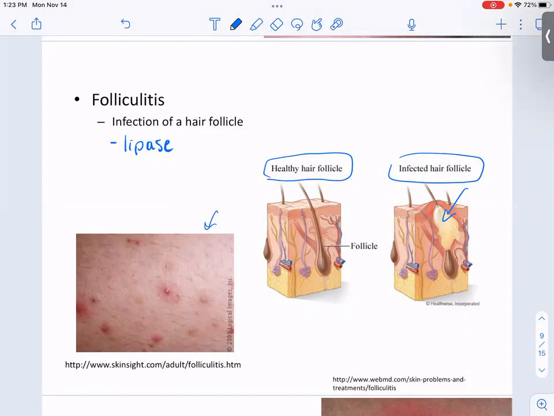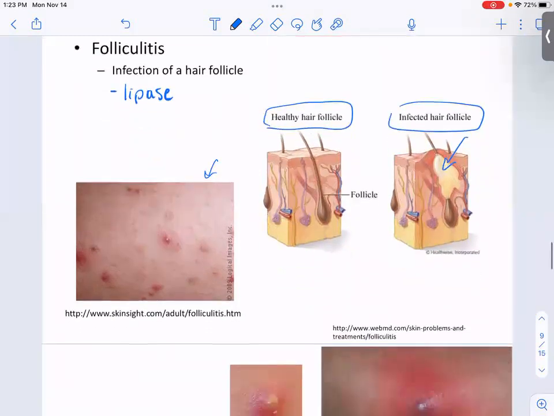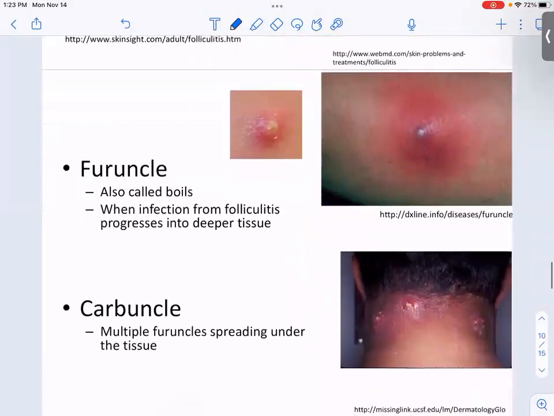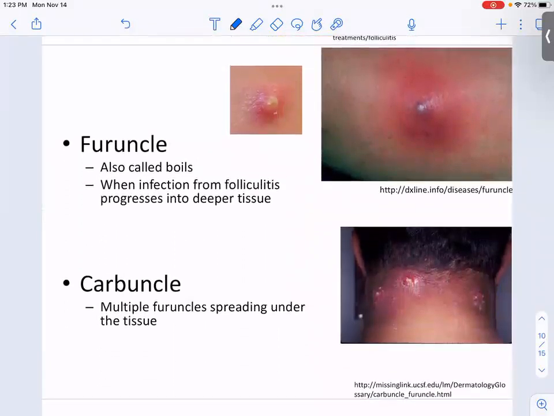Usually, again, it clears up on its own after a few days, but it has the potential to progress into a little deeper tissues. And then when it does, we might call it a boil or a furuncle. These are larger areas of skin impacted here.